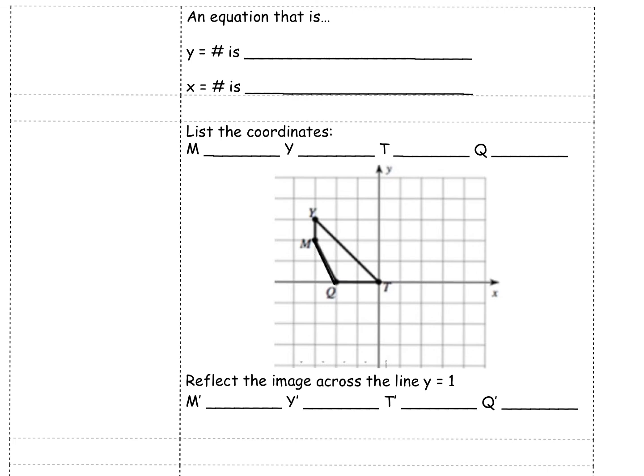At the top of this page, we just have a quick note on two special types of equations. If you have an equation that is just y equals a number, so maybe you have y equals 2, that is going to be a horizontal line at 2, because sometimes we don't reflect across the origin or the axis, and so we need to know that.